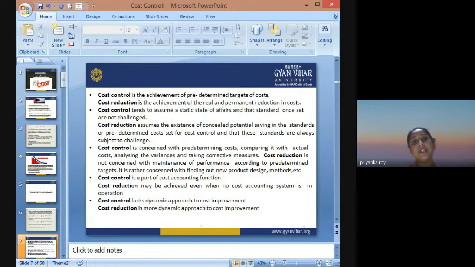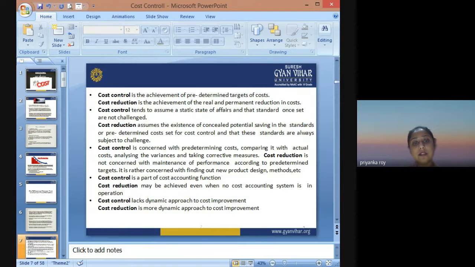Cost control is concerned with predetermining cost, comparing it with actual cost, analyzing the variance and taking corrective measures. Cost reduction is not concerned with maintenance of performance according to the predetermined target.